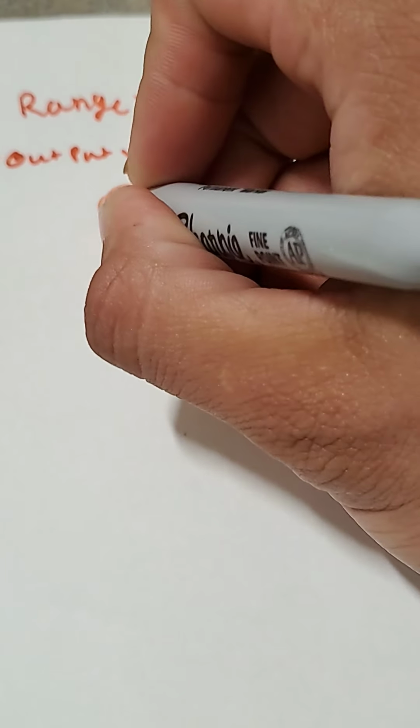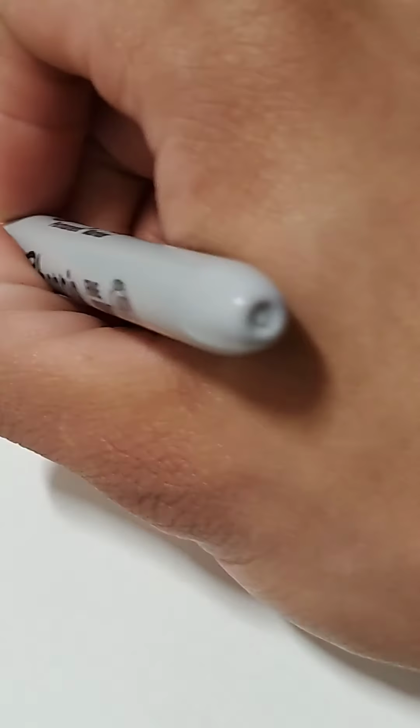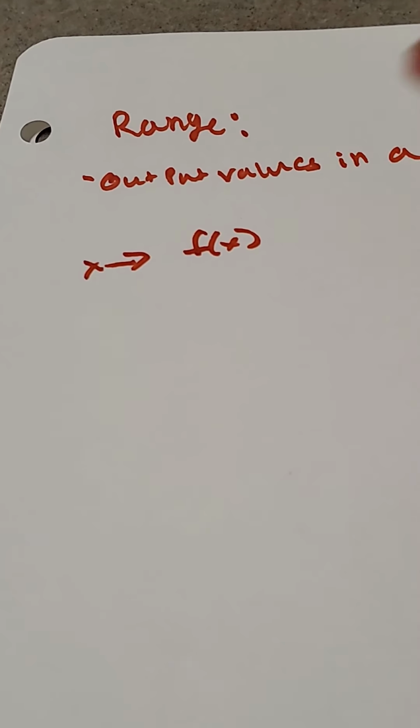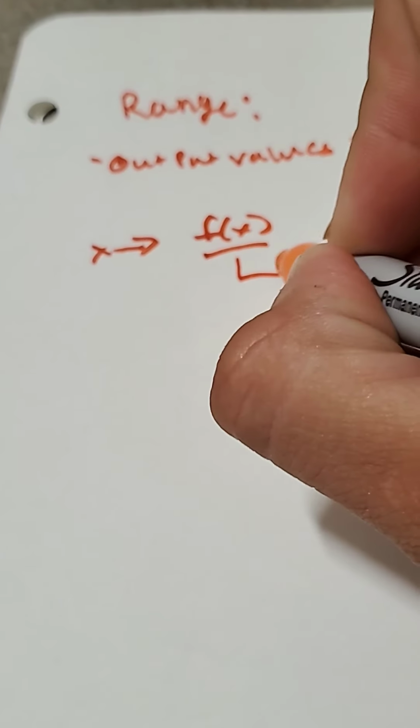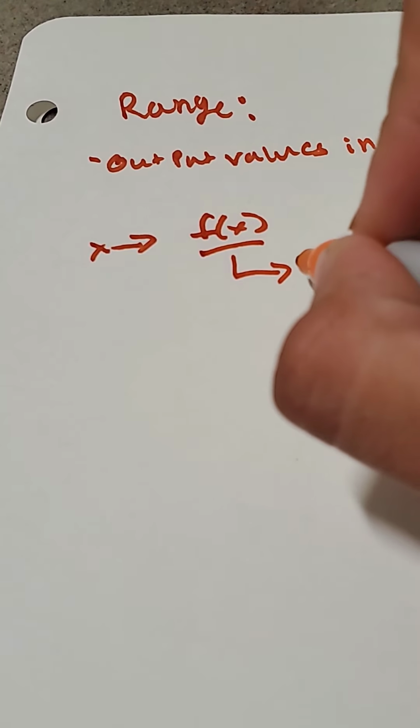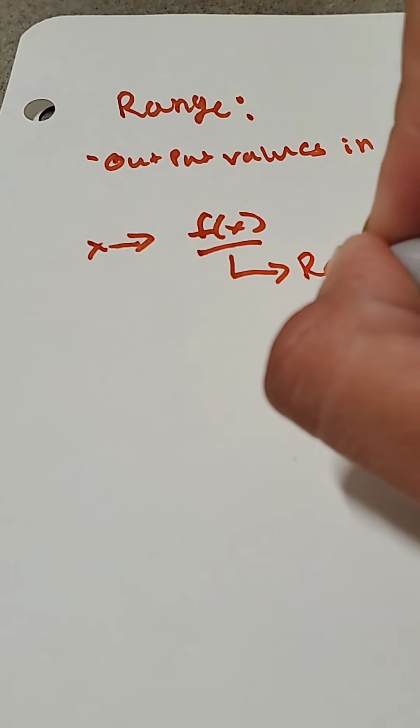Alright, we need to back it up, move the camera up a little bit so you guys can see that. So the range is all the outputs of a function. So for every x, every f of x that we see on the graph is, what do you call it? The range.